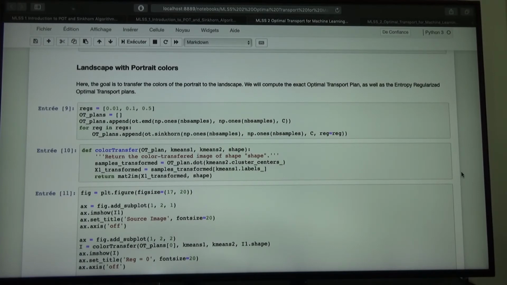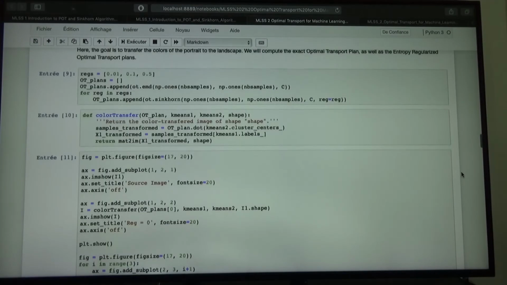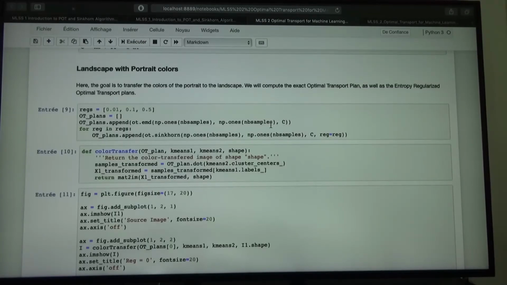If we want to solve the exact linear program, we just have to call ot.emd. The weights are just the vectors of ones, and the cost matrix is the one that we've just computed. And this gives us the first optimal transport plan that we're going to look at.